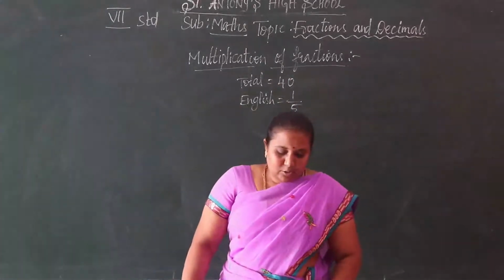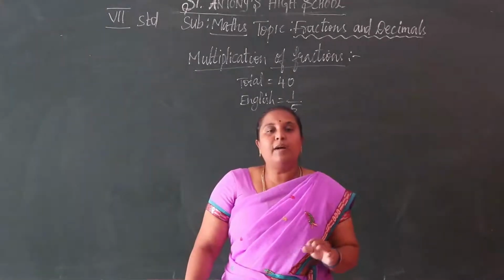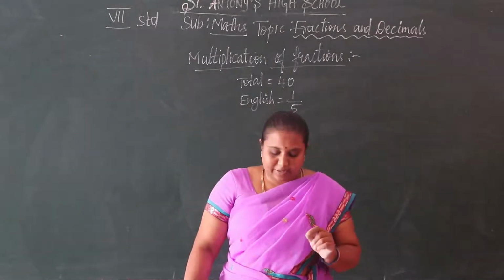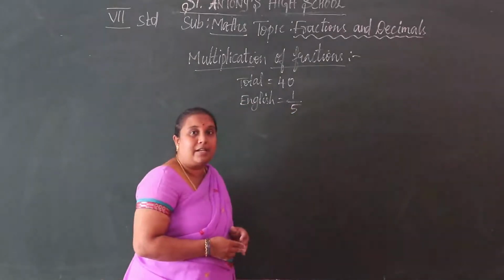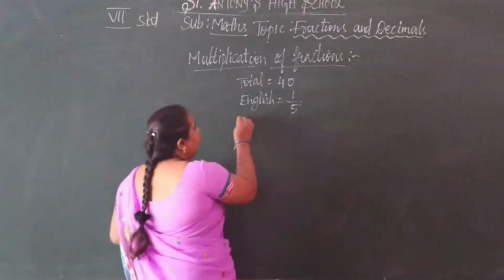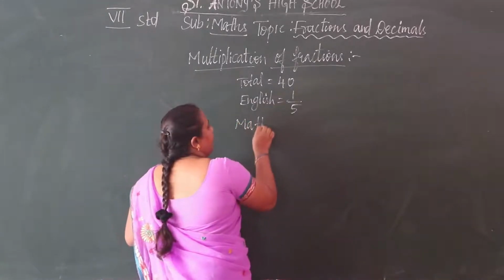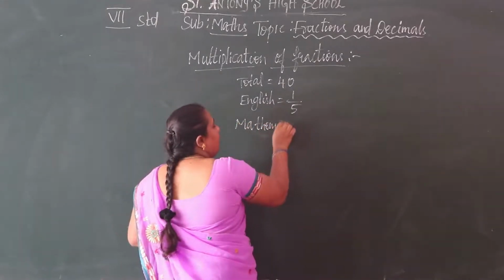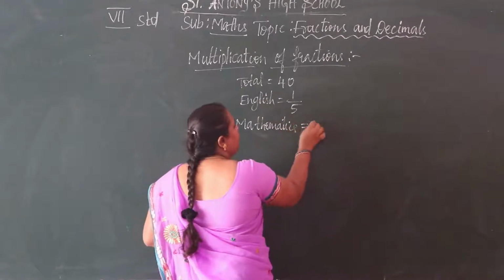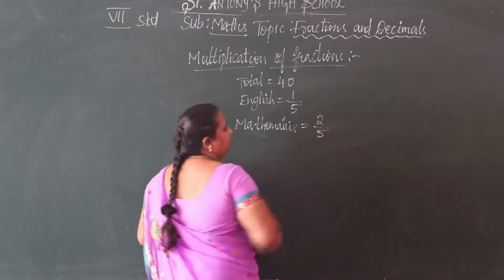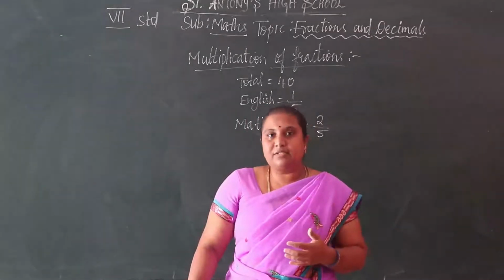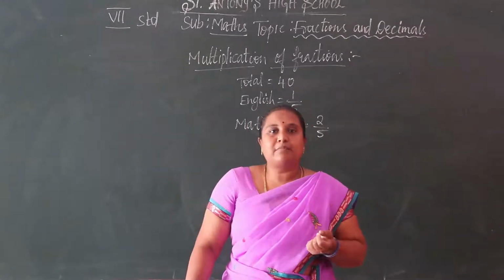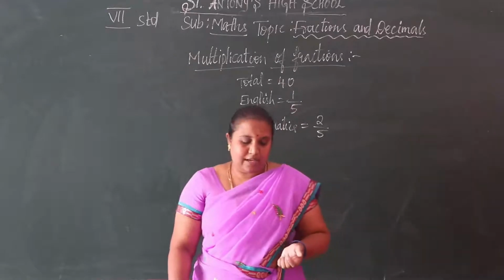And then 2 by 5 of the number of students like to study mathematics. Mathematics is very interesting. How many students are interested to study mathematics? 2 by 5. Mathematics is very easy, students, if you give your interest to it.